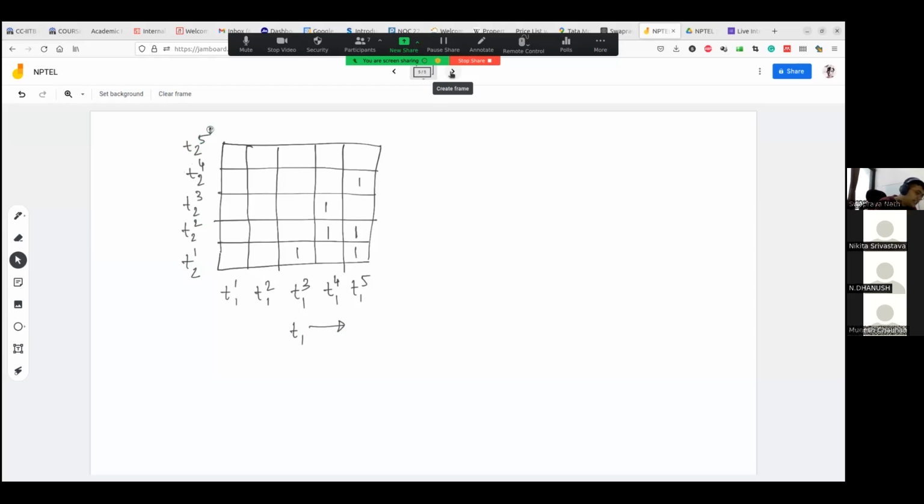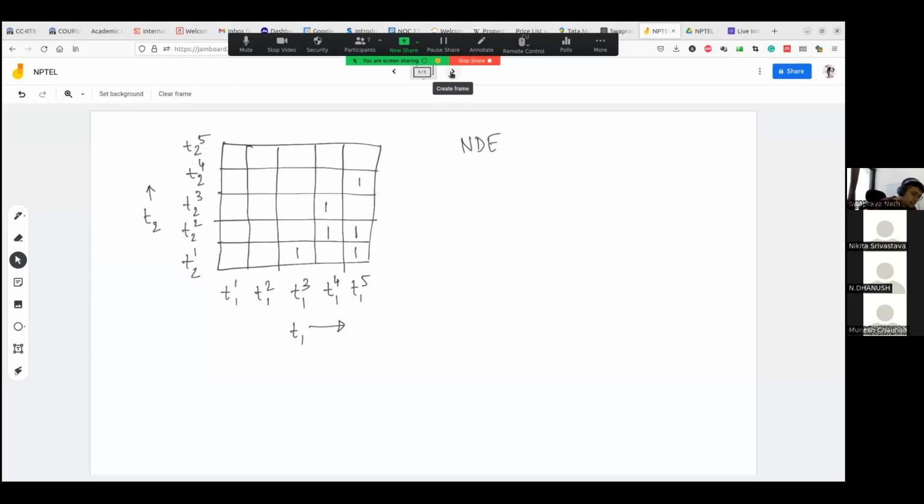So what does NDE say? Assuming that all these T1s and T2s are equally likely, it is assumed that they are uniformly distributed. T1 can take any of these 5 values with equal probability, which is 1/5. Similarly, T2 can take any of these 5 values with probability 1/5.